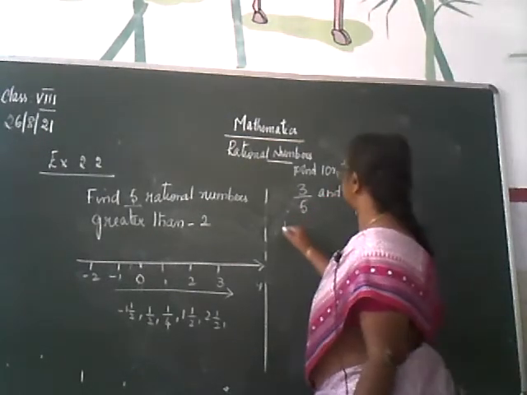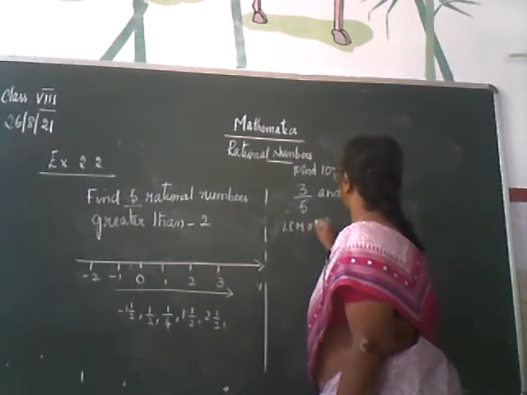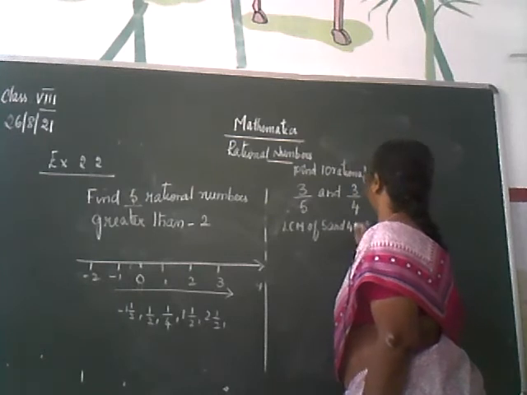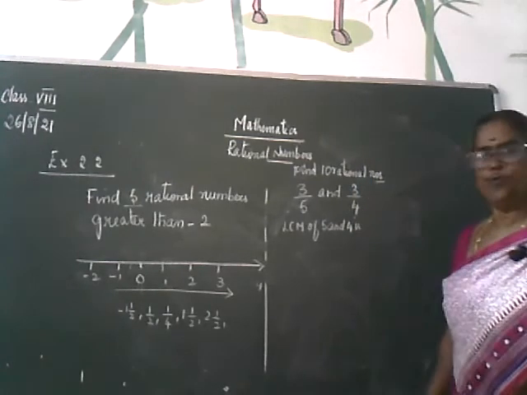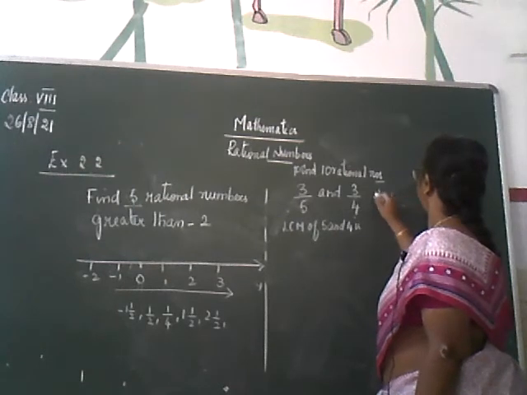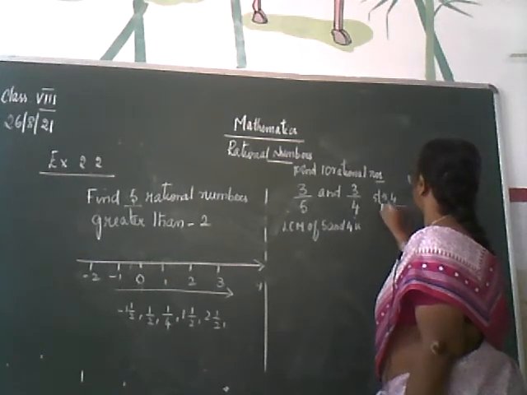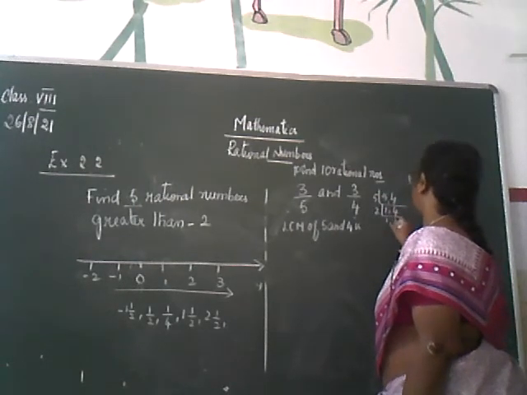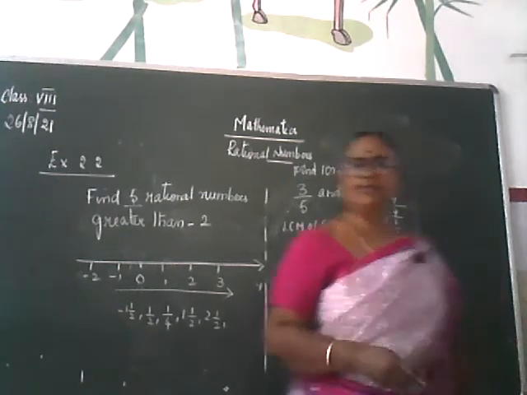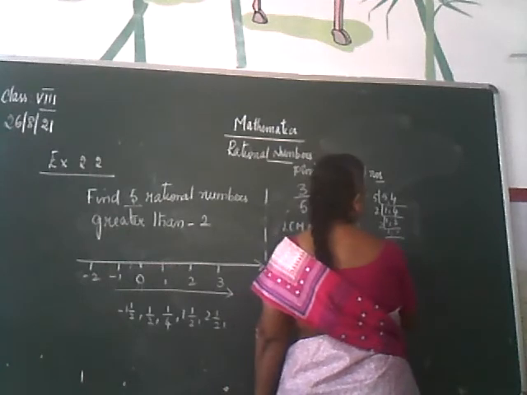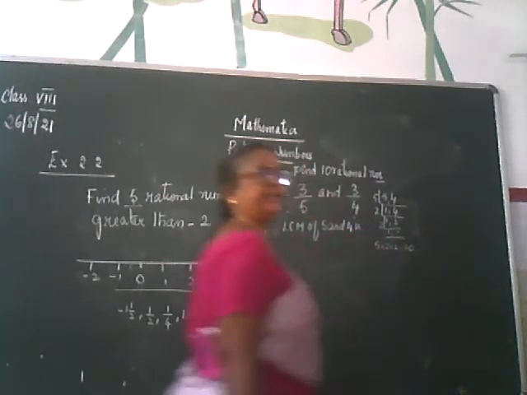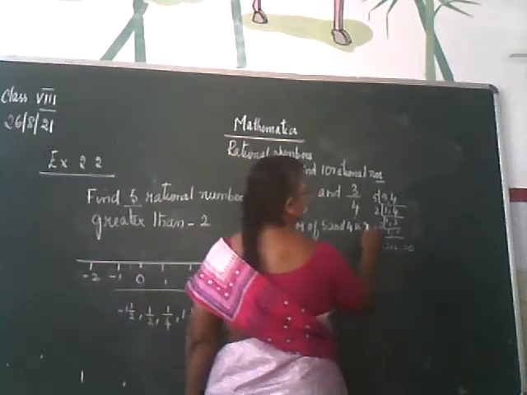So what is the LCM of 5 and 4? Yes, if one is a prime number also you can multiply. You will get same. So 5 into 2 into 2, 20. So the LCM is 20.